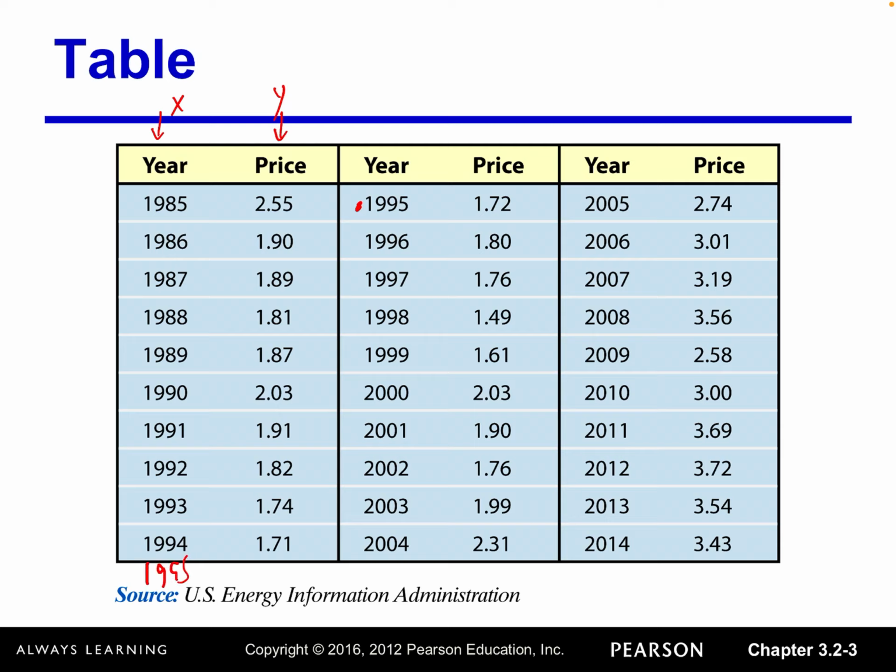The table actually continues here, because we don't want this table too long, so we just move the rest of the table horizontally. But this is x and y, this is x and y. X represents the number of years, y is the corresponding merchandise price.